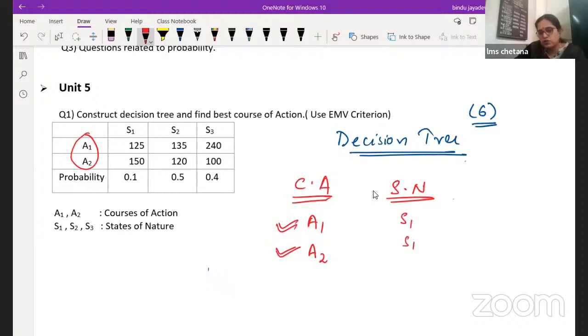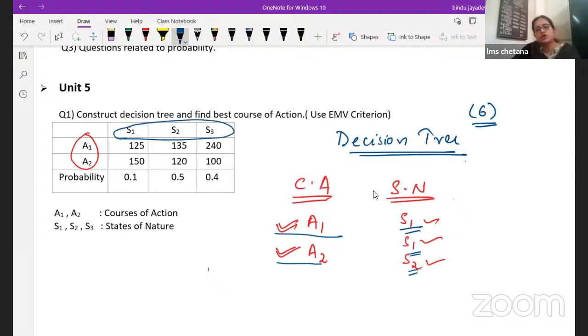S1, S2, S3. Now for your tree, the main branches are A1, A2, and these are the small branches, S1, S2, S3. Therefore, check your question and decide how many main branches and how many small branches there are. Clear? In this question, there are 2 courses of action and 3 states of nature.